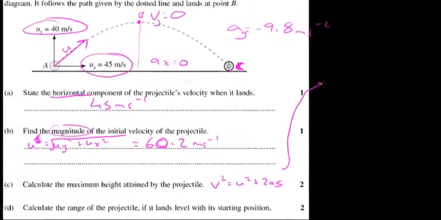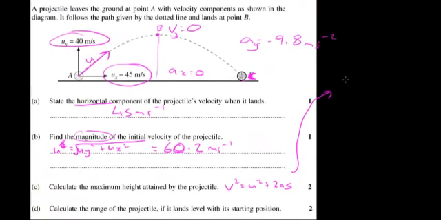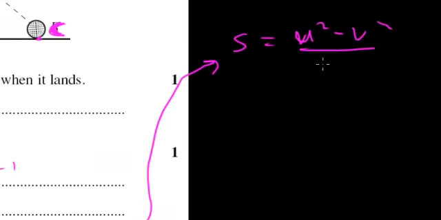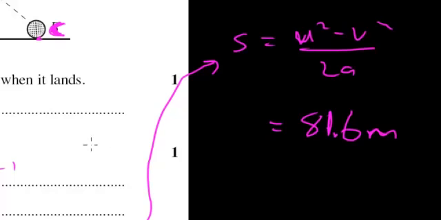So s is equal to u squared minus v squared over 2a, which is going to equal 40 squared minus 0 divided by acceleration, which is 19.6, and I'm going to get 81.6 meters. 81.6 meters up. That's my maximum height reached.